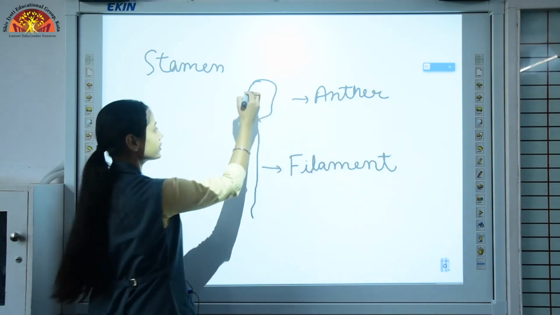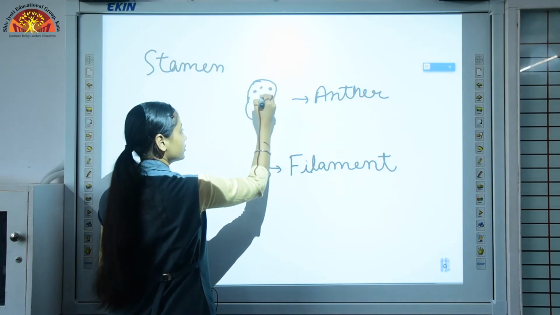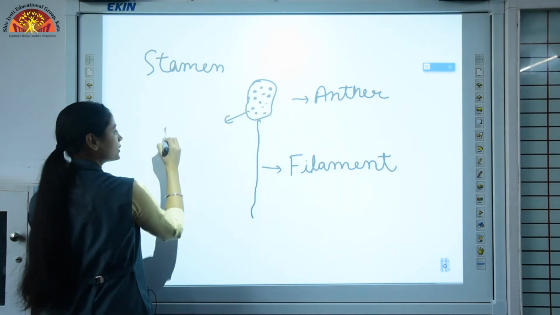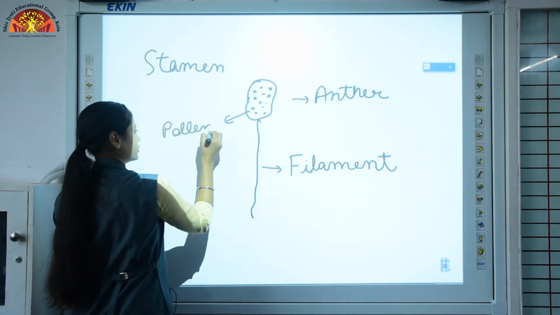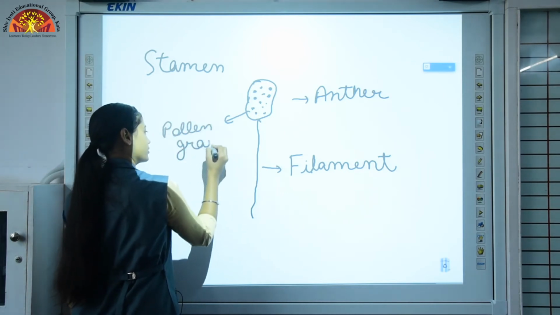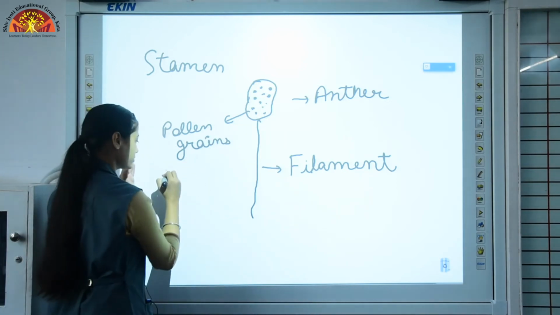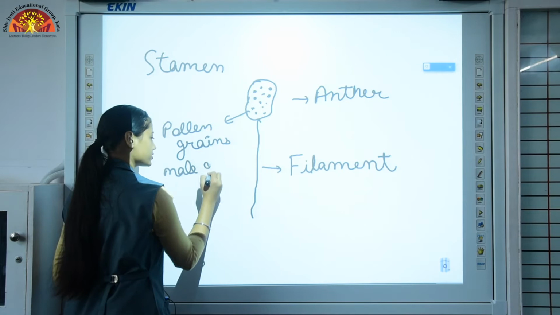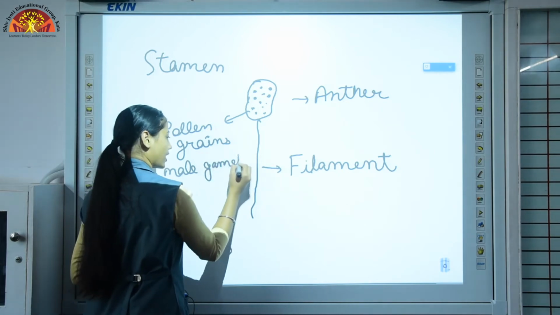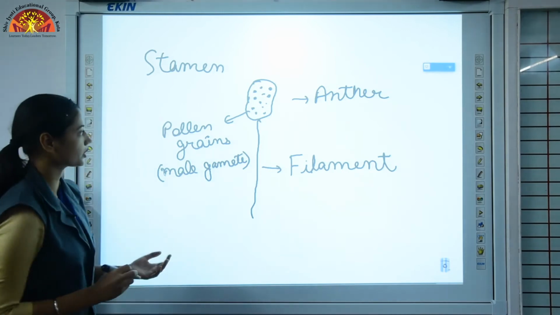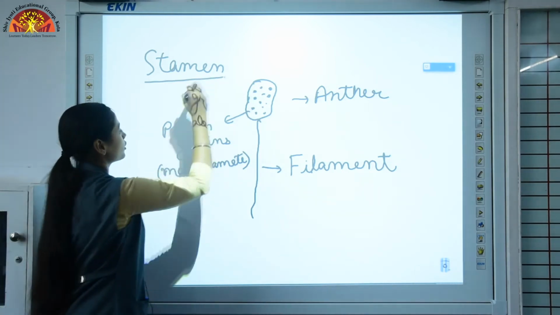Inside this anther, so many pollen grains are present, and inside these pollen grains, male gametes are present, which are actually involved during reproduction. This is the structure of stamen.